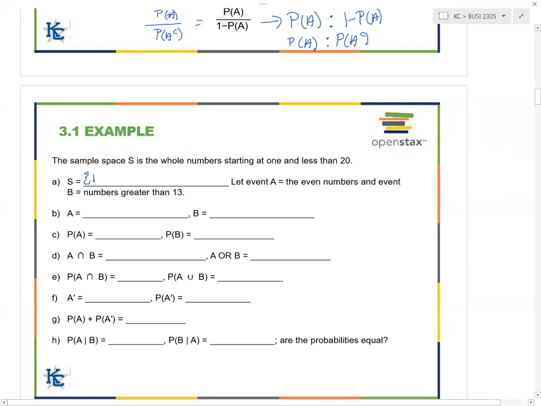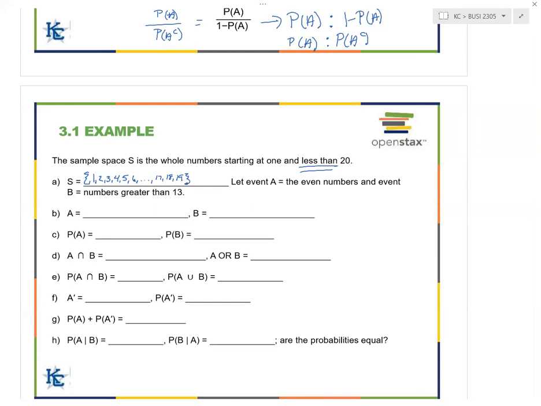Whole number means that it's a counting number, so we're counting until we get right up to 20, and 20 is not included because it says less than 20. So we have 1, 2, 3, 4, 5, 6, all the way to 17, 18, 19, right? And this ellipsis means that it's going to continue in the same pattern, and then it will eventually end.